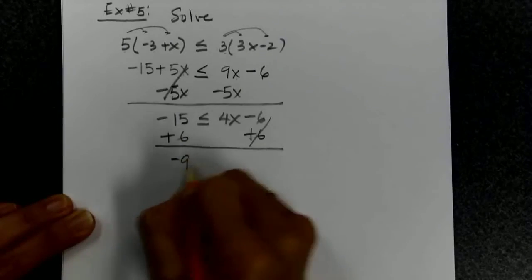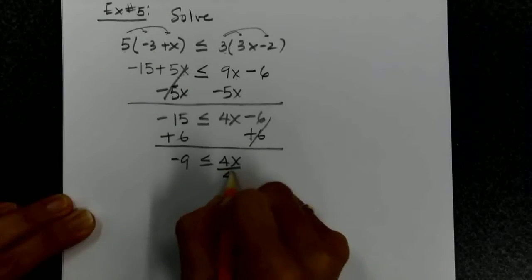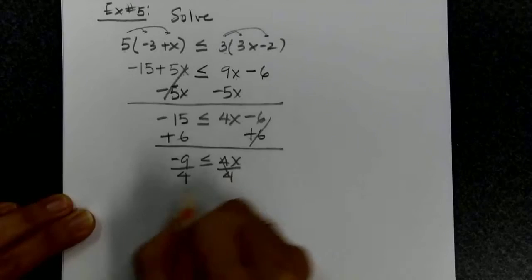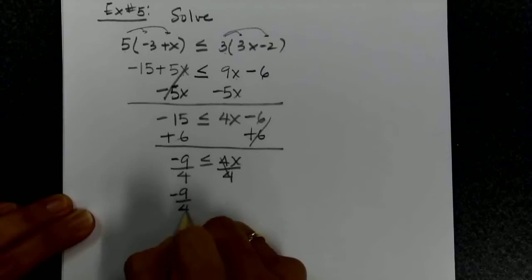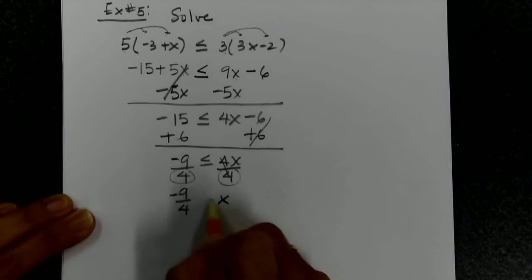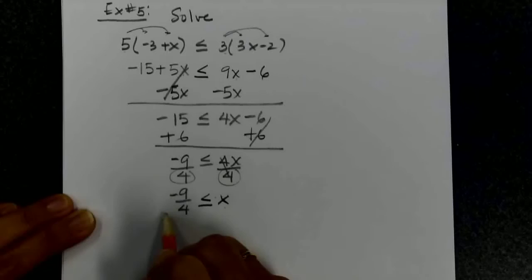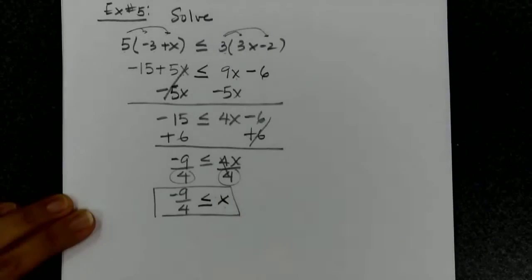So then I got negative 9 is less than or equal to 4x, and then we divide by 4. So I got negative 9 over 4, and because this was positive, I keep the inequality. So x has to be greater than or equal to negative 9 over 4.